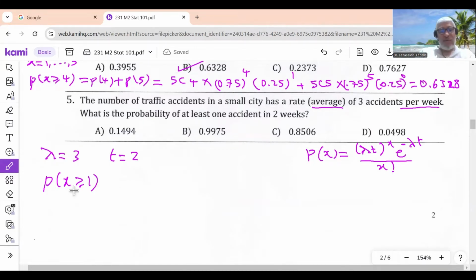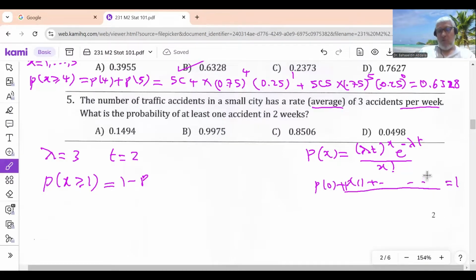So how can I find probability of x greater than or equal to 1? I cannot say probability of 1 plus 2 plus 3 up to where, there is no upper limit. So the only way here is to write it 1 minus the rest of the probabilities, the ones that are not here. We have probability of 0 plus probability of 1 and so on. But we know that the sum of all probabilities should always be 1.